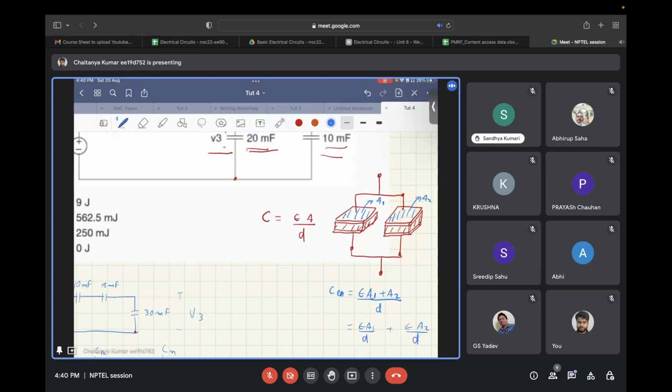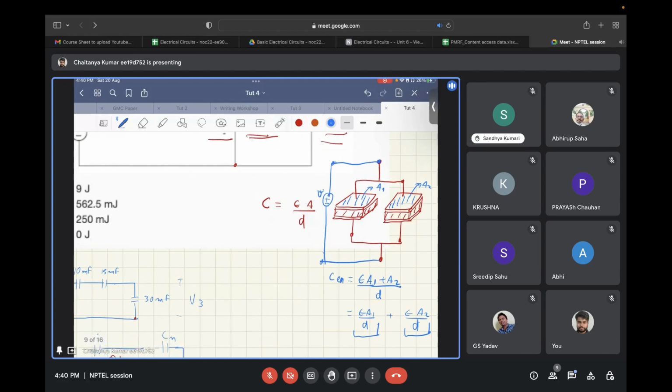So these can be written as the sum of two individual capacitances also, and the total area of the combined plates can be written as A1 plus A2. Now, if we apply a voltage source across this, both the plates will see 0 volt at the negative plate, and plus V volts at the positive plate.